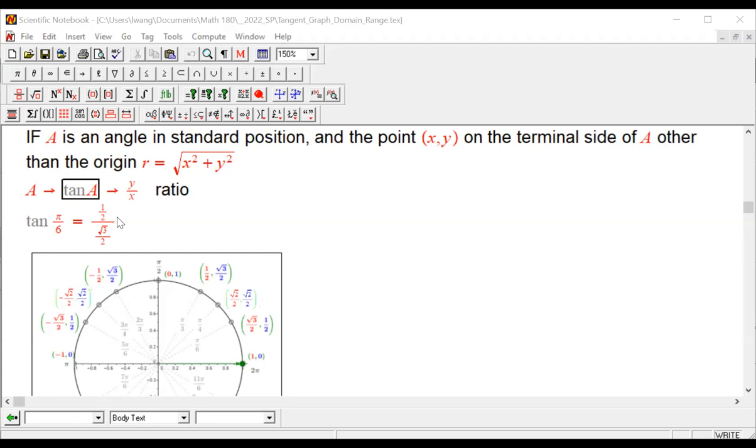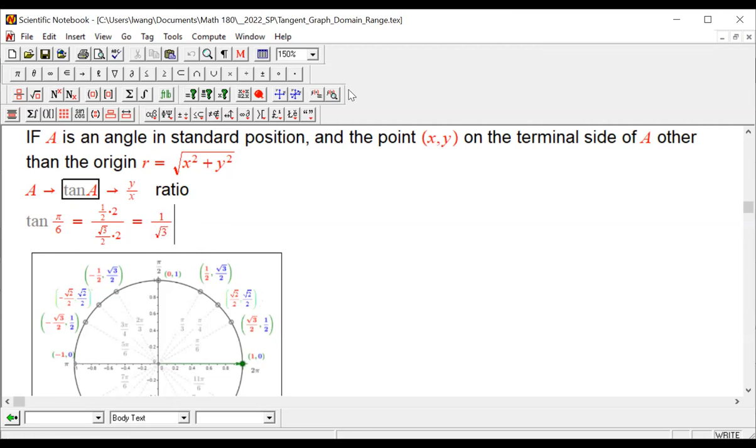So now let's reduce this number. Half over root 3 over 2, right? To reduce it, we're going to multiply by 2 over 2. 2 over 2 is 1. Anything times 1 stays the same. So after this reduction, we're going to have 1 over square root of 3.